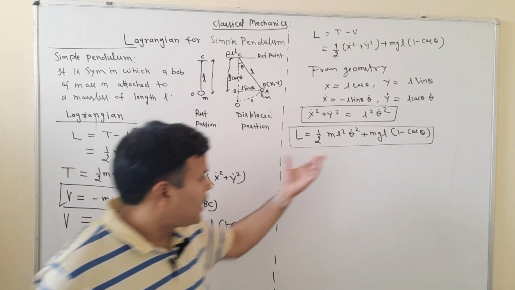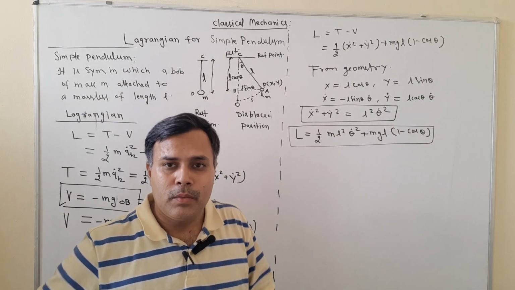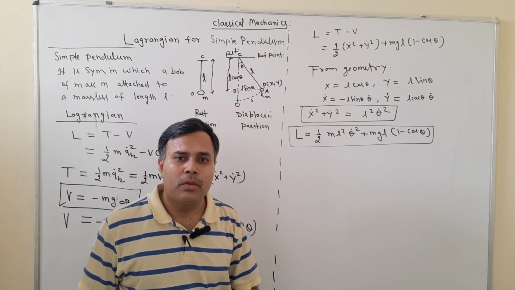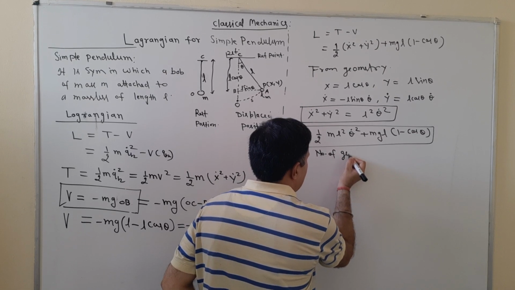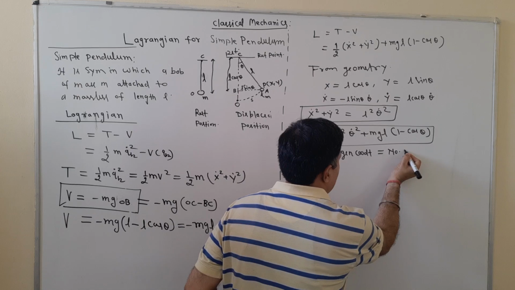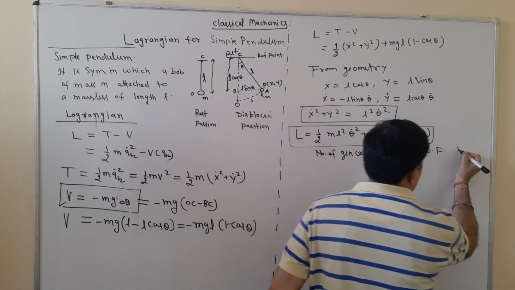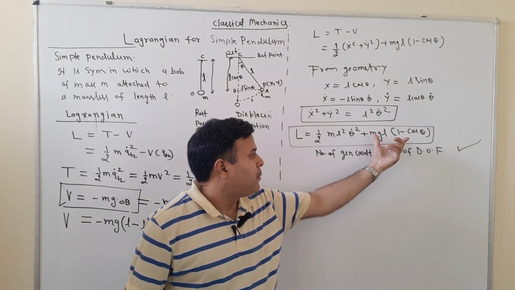Now check whether this Lagrangian is right or wrong. So how to check? Again we have a very good statement: if the number of generalized coordinates is equal to the number of degrees of freedom, then our Lagrangian expression is correct.